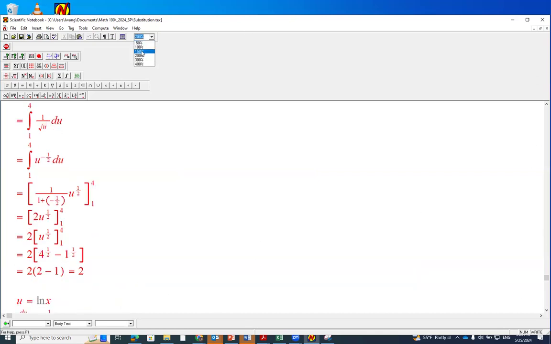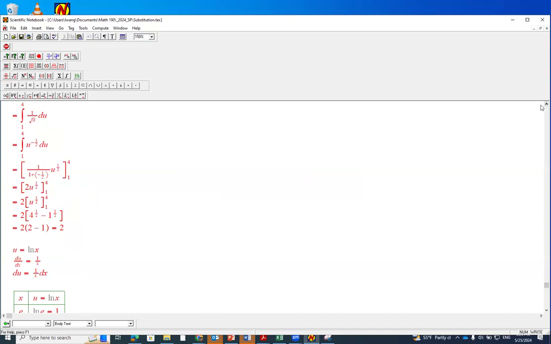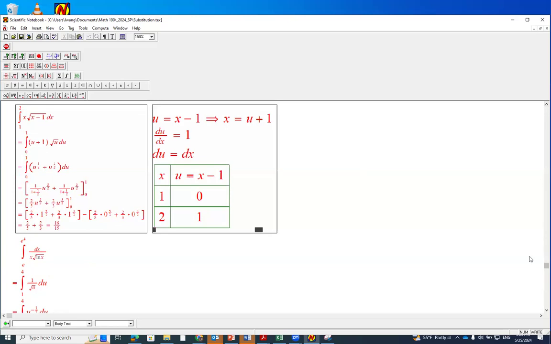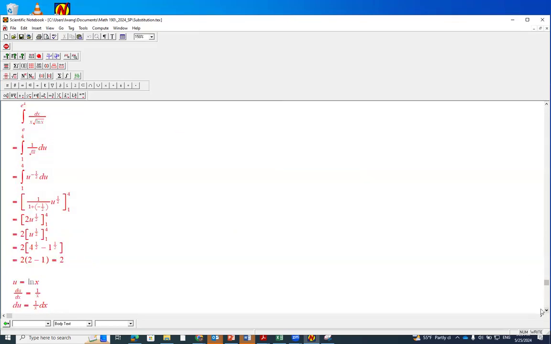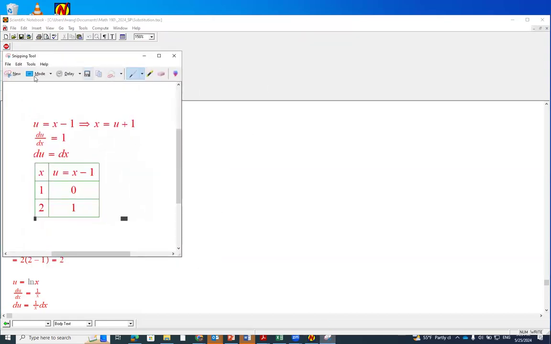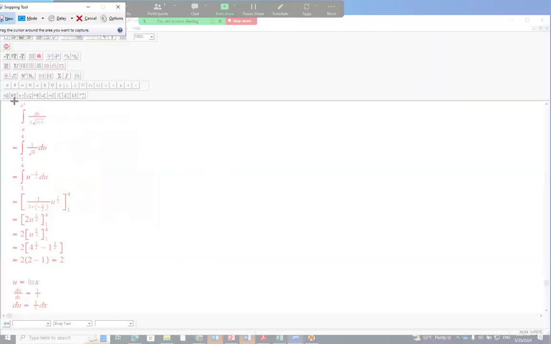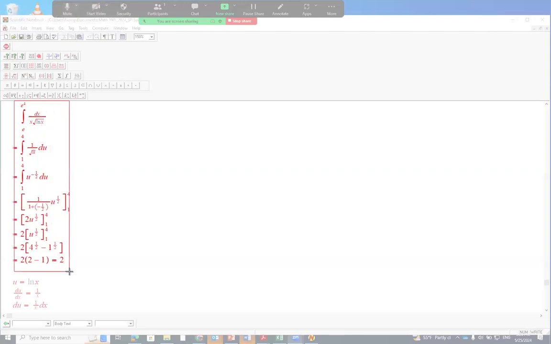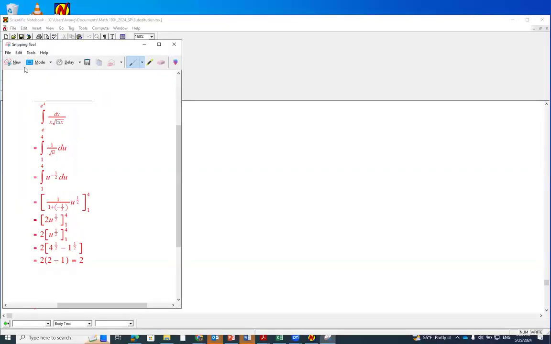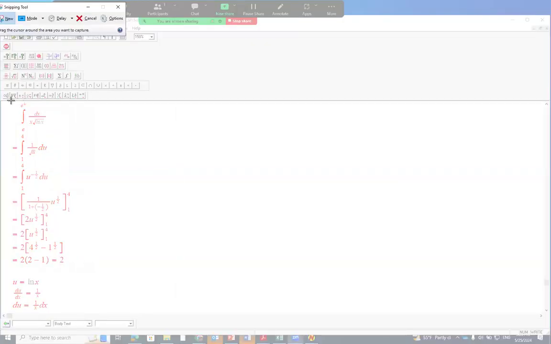Make the fonts a little smaller, otherwise I cannot keep them in one shot. Okay, so from beginning to end, the screenshot here. Let's see again.